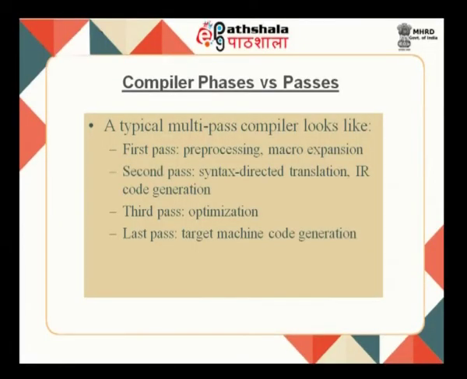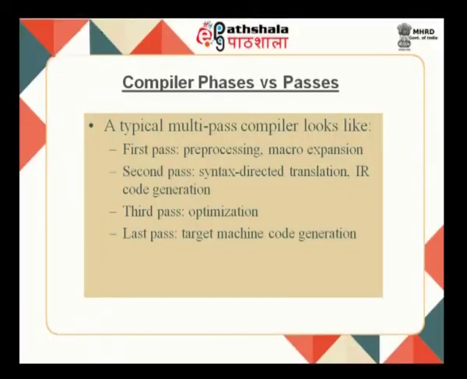The analysis phase basically happens in one single pass, that is verifying whether a particular token is correct or incorrect, whether a sequence of tokens is going to make meaningful statements, and then I will also do type checking there, convert into a syntax tree representation and then generate intermediate code for the same. Intermediate code is what we talked about as 3 address code. So, from the lexical phase till the 3 address code, it is going to be one single pass, and then optimization is going to take another pass, and finally code generation is going to take the last pass.